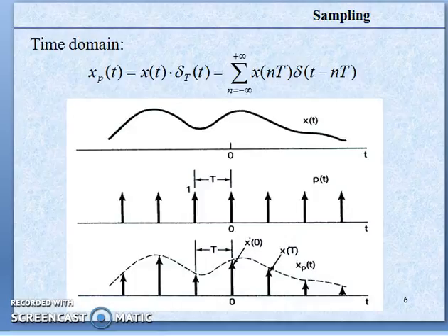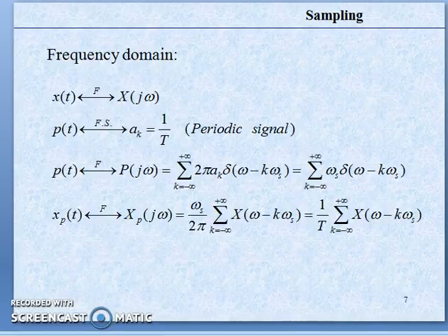Again, I have taken one more waveform to illustrate this. X of t is the analog signal. In the second diagram, the impulse train is available at multiples of T, that is the sampling interval. Multiply x of t with p of t to get a sampled version xp of t. In order to understand the frequency domain representations, x of t was the analog signal we have taken.